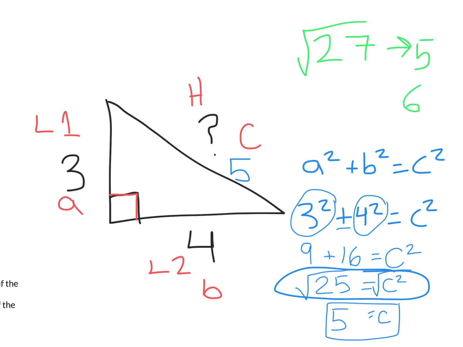And it's closer to 5 than it is to 6, because 27 is closer to 25 than it is to 36. So then we could say, okay, it's going to be closer to 5 than 6. Let's try 5.2 times 5.2. And then we do the math. We multiply these and we guess and check and we keep going further and further until we can get to a good approximation.